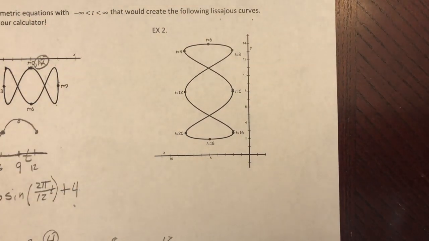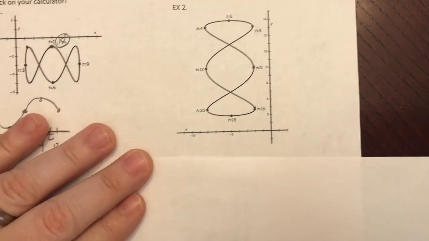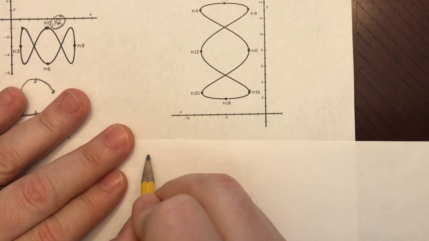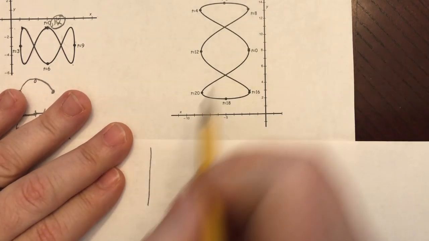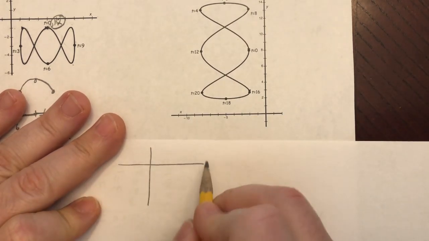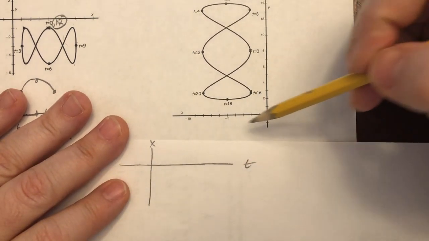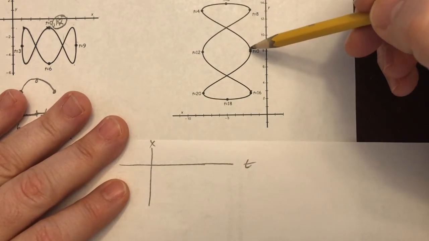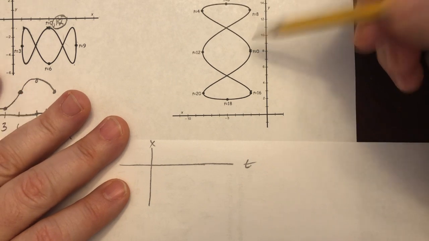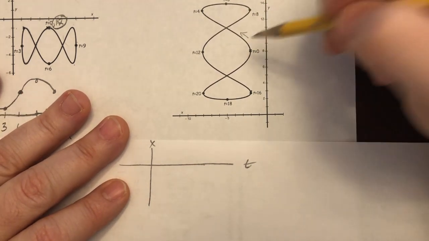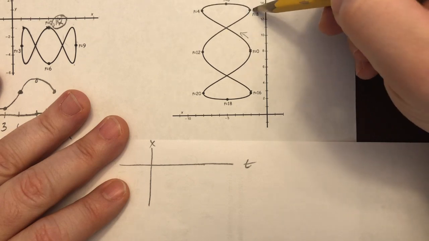For this one, I need more room, so I'm going to write on the back of this. The x's are all negative here, so I'm going to draw it like this. I'm going to make a t-x graph. Time 0 is here, and we're traveling in that direction because we go 4, 6, 8.